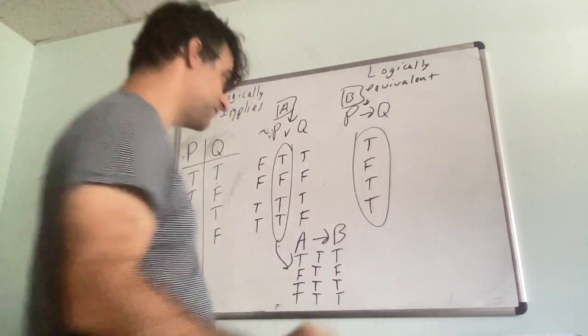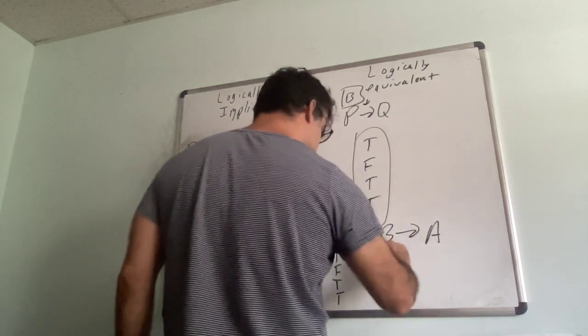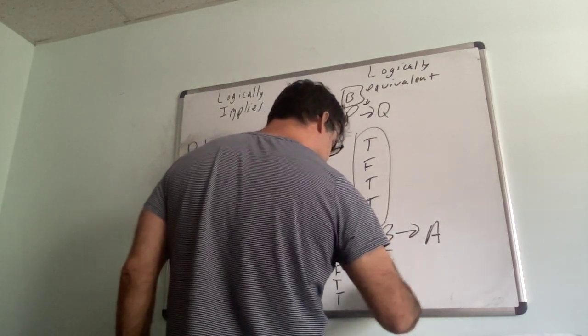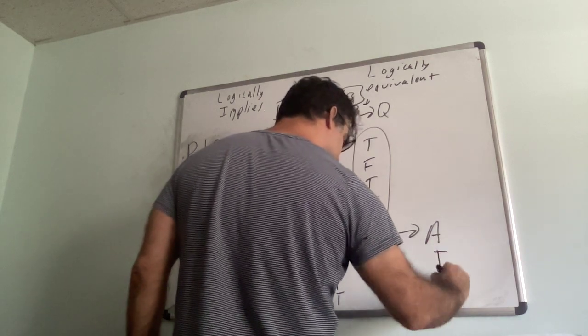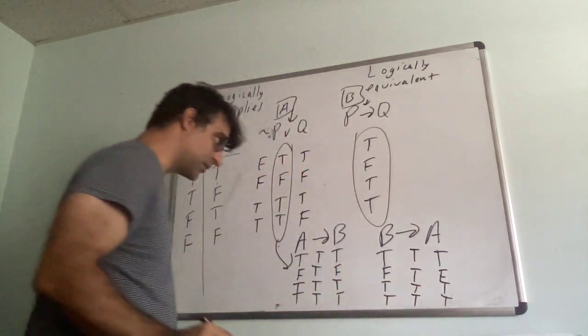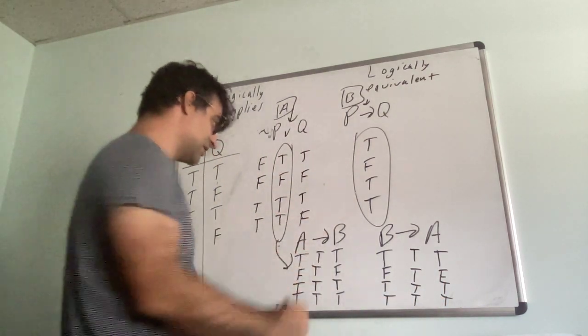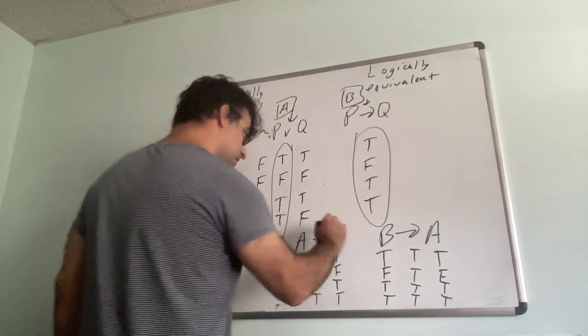Okay, and the same for B arrow A. Since they have the same truth value in each circumstance, it's true, false, true, true, true, false, true, true. You can see since these are identical, they're also equivalent, but that means you're also going to get yes answers here.